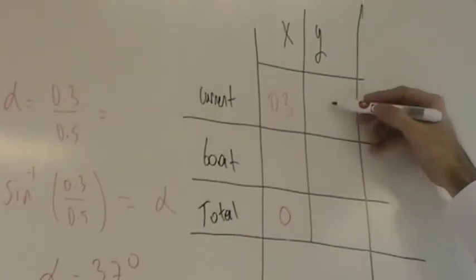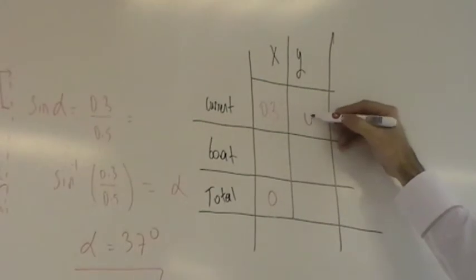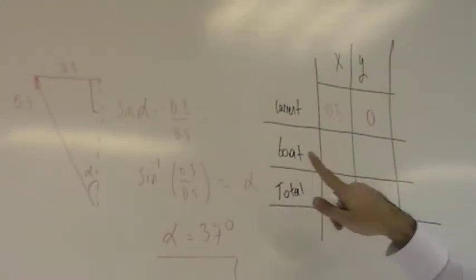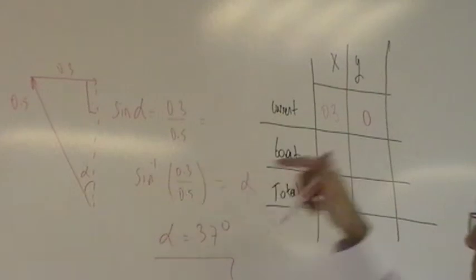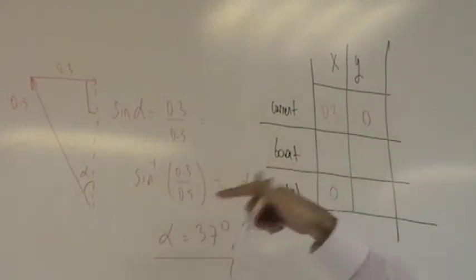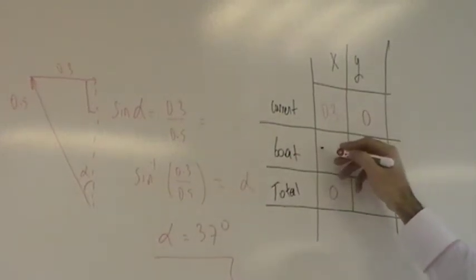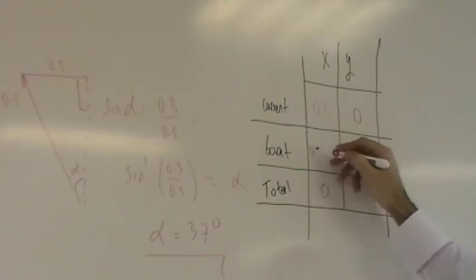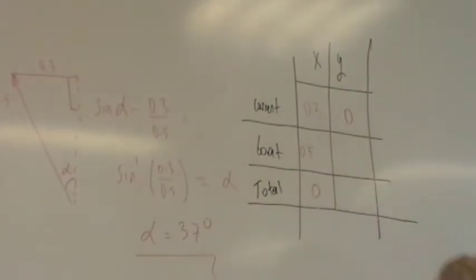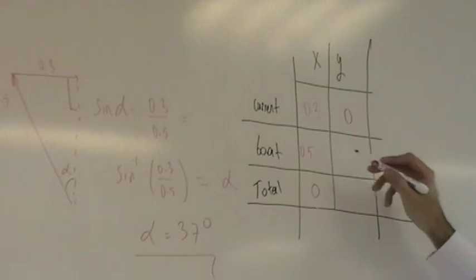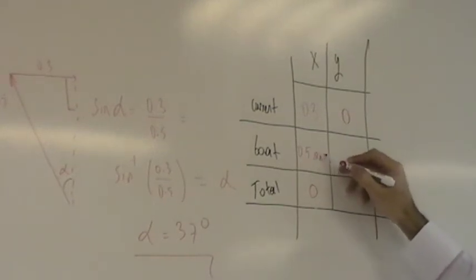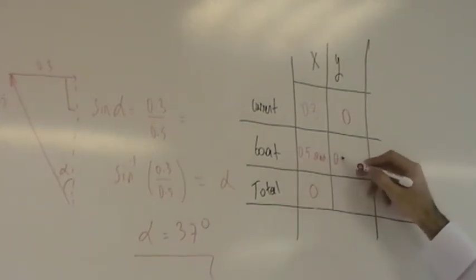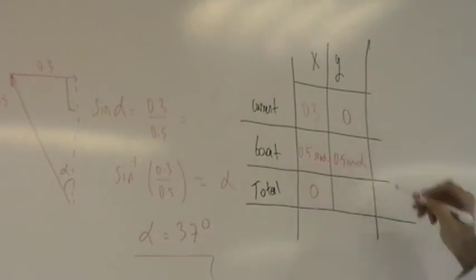The velocity of the current in the y direction is 0. If this is the velocity value over here, and that is alpha angle, let's say, the x component will be 0.5 multiplied by sine of alpha, and the y component is 0.5 cosine of alpha.